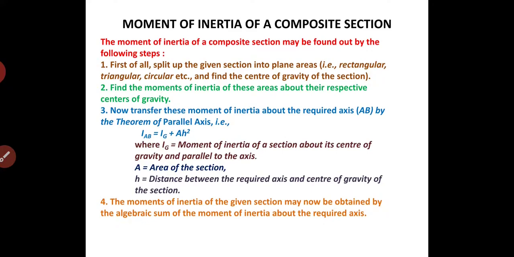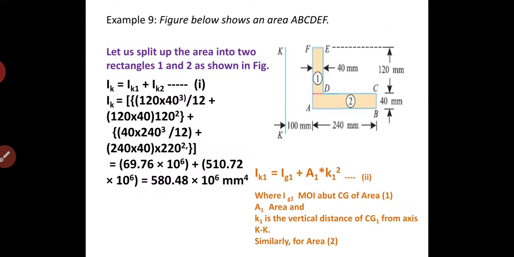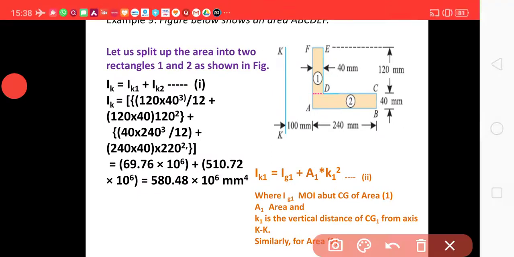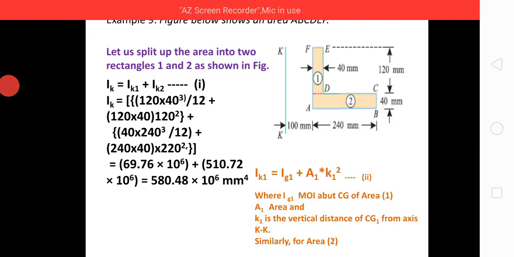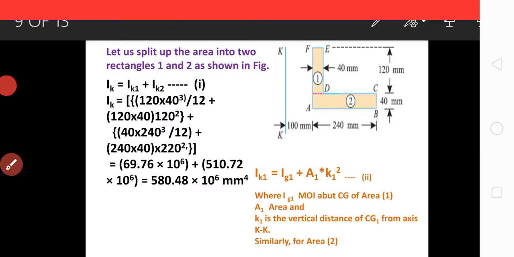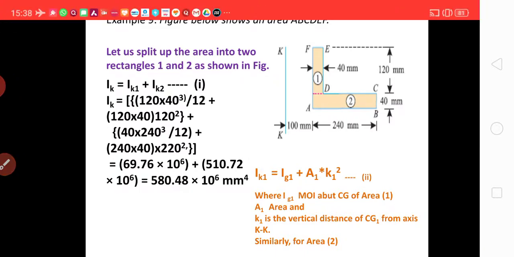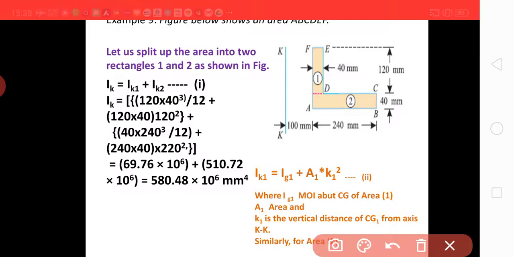You can say like this. Okay, we can go to the actual problem. This is the problem we are going to solve. Example: we have to find the moment of inertia of this L section about the axis KK.